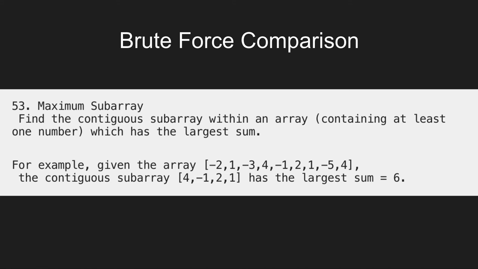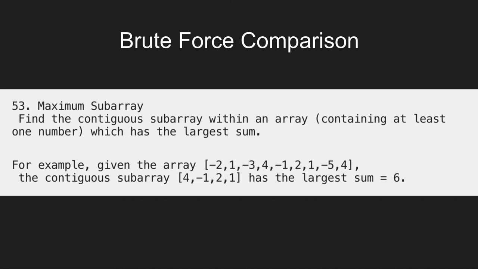So you can have a start pointer and the end pointer. And as I mentioned earlier, the end pointer can be what is looping through. So that's the variable that we're using in our loop, and so that increments at the end of every iteration, and we can move our start pointer whenever we find that our running sum has hit a negative value.